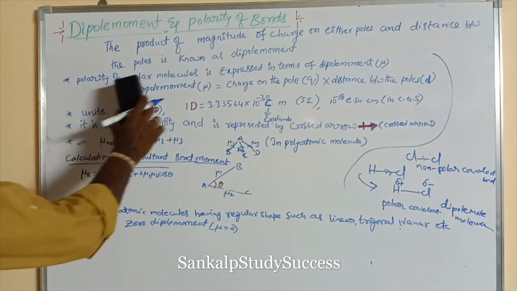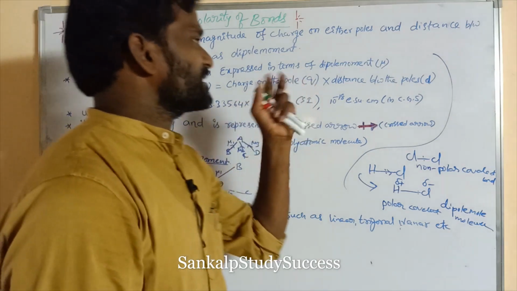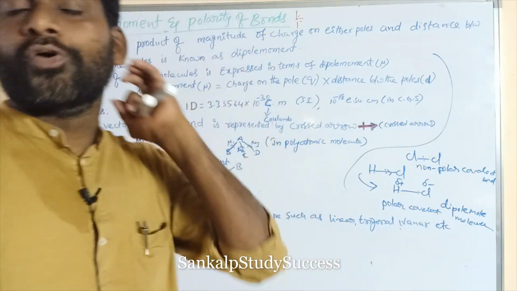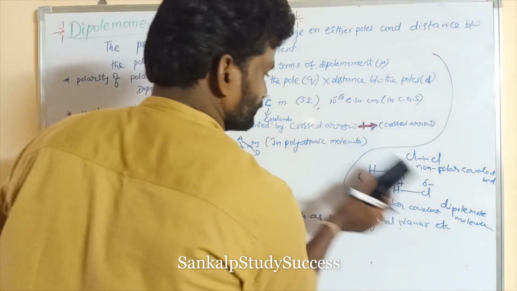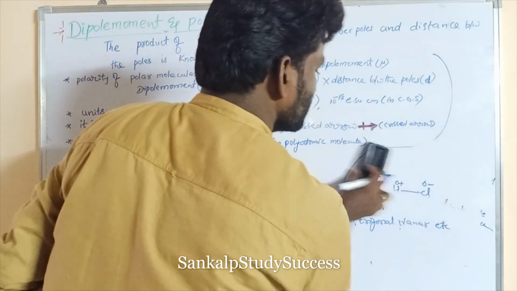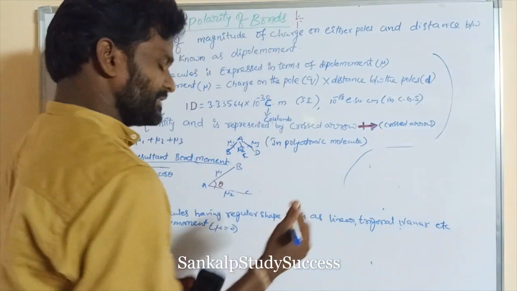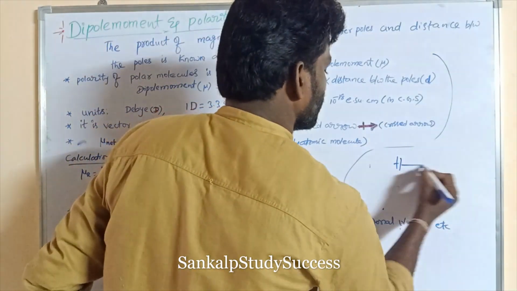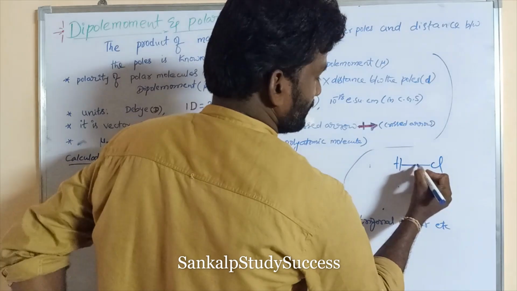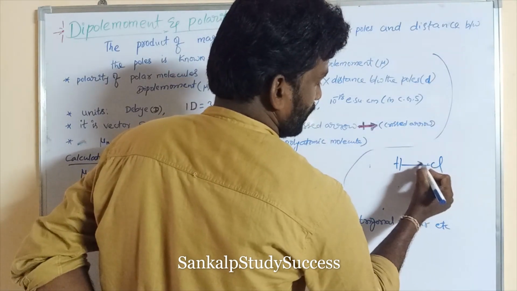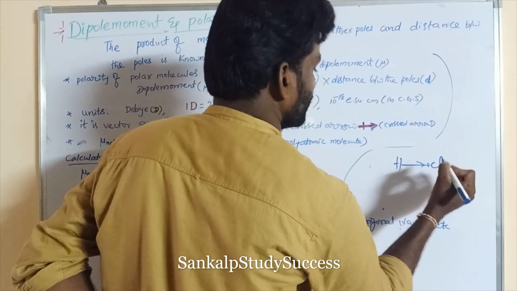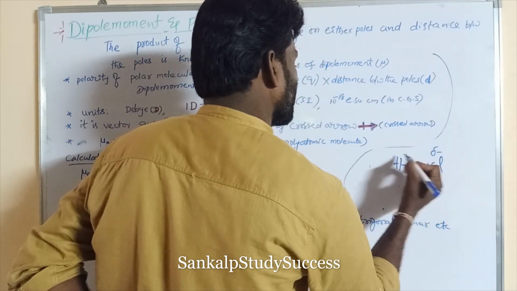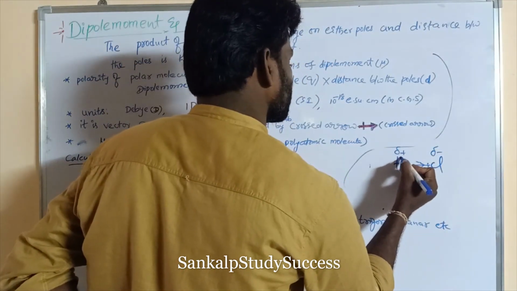Now, this is HCl. The shared electron pair is shifted towards the more electronegative atom, chlorine, right? It has delta negative, and it has delta plus.